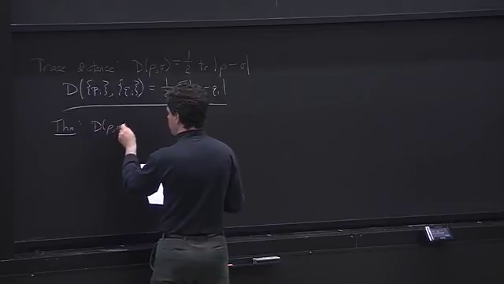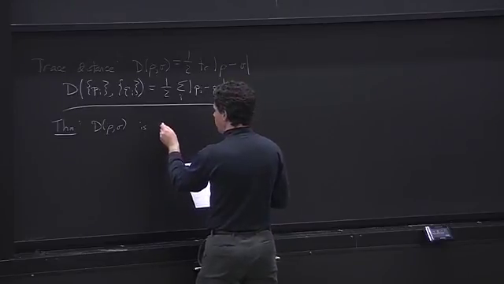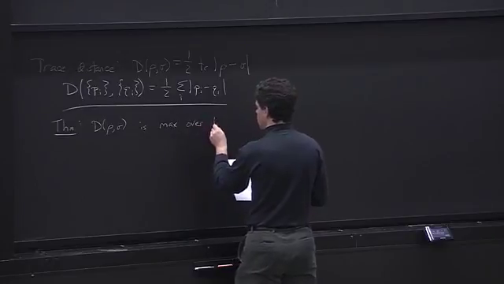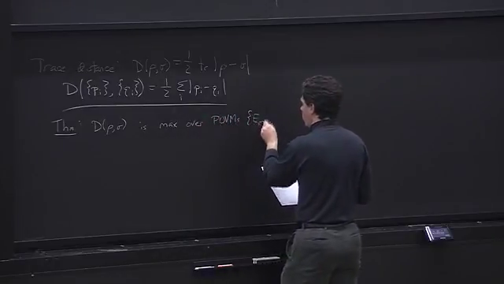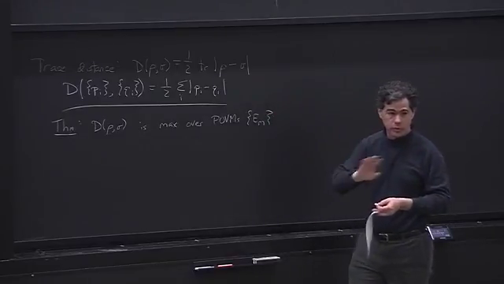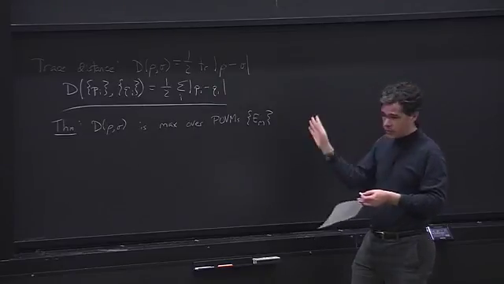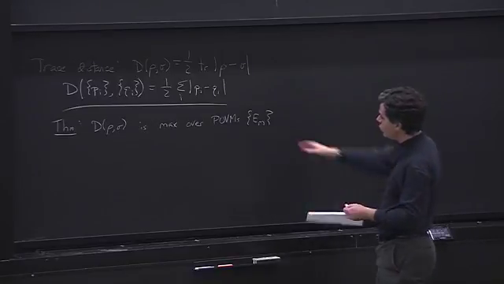So the operational interpretation is that if you take the maximum over POVMs, which are generalized measurements, so it's not projective measurements anymore. We're doing some arbitrary measurements, although I guess actually the optimal is some non-rank 1 projective measurement. But we do the optimal measurement.